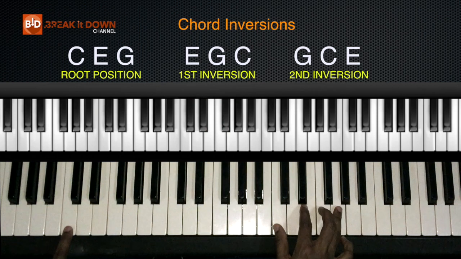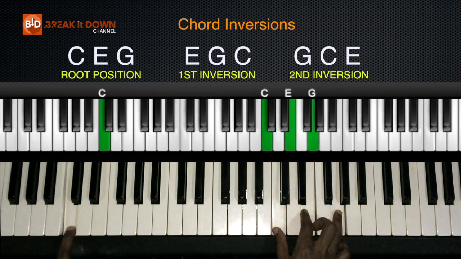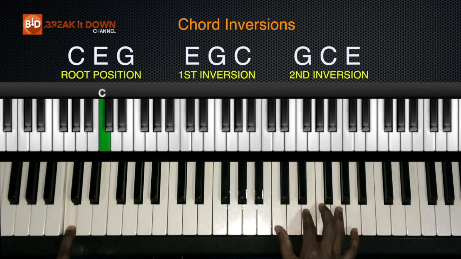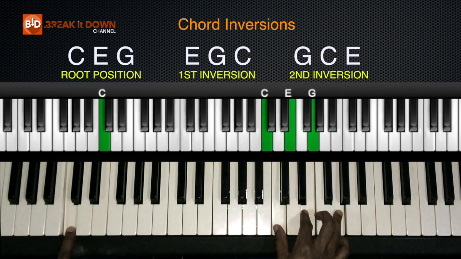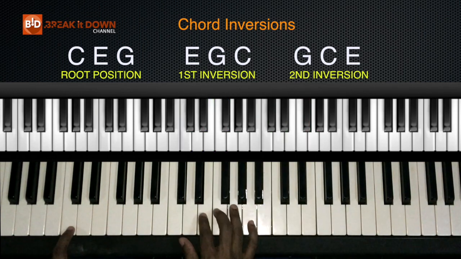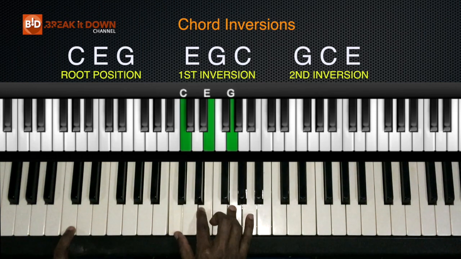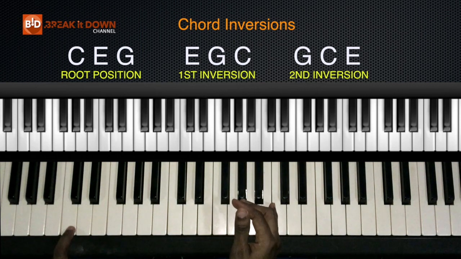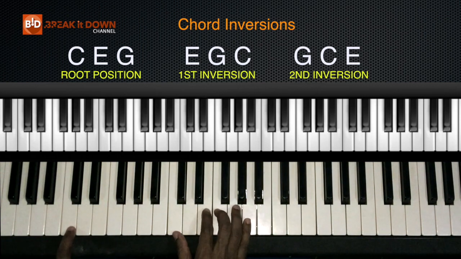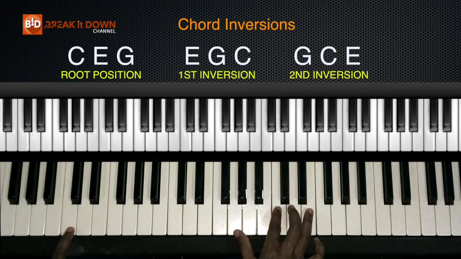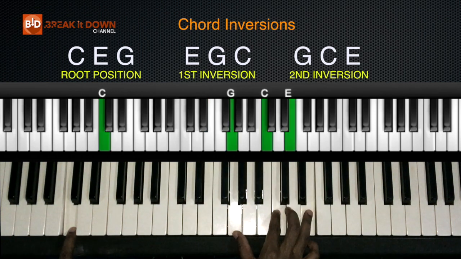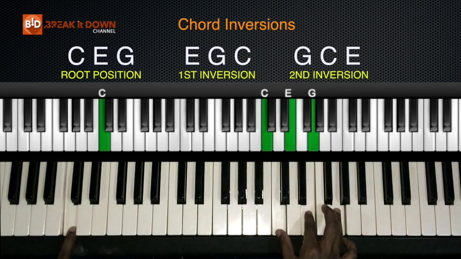We are playing the root chord, but in another octave. Hence, for a 3-note chord, you can only have 2 inversions. So that's the first inversion and the second inversion. A third inversion will take you to the root position.